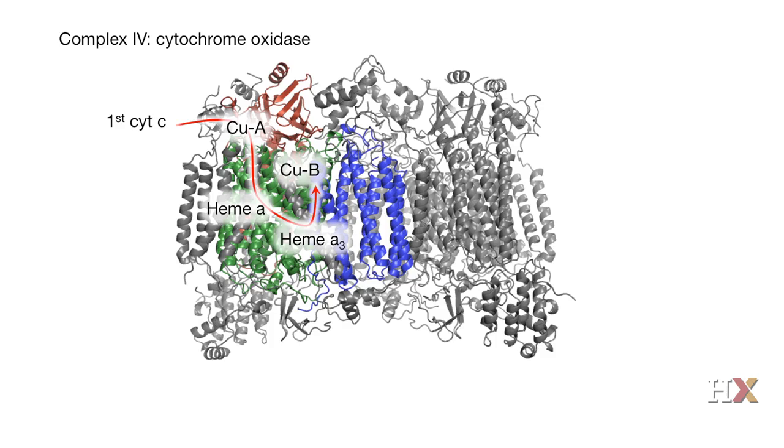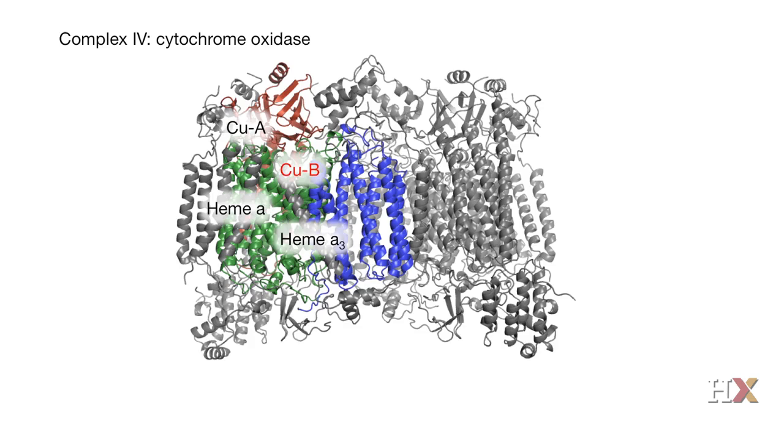A copper center, QA, then a heme, A, then another heme, A3, and finally the last copper center, QB. So the cupric ion that is bound to QB, Cu2+, will get reduced.